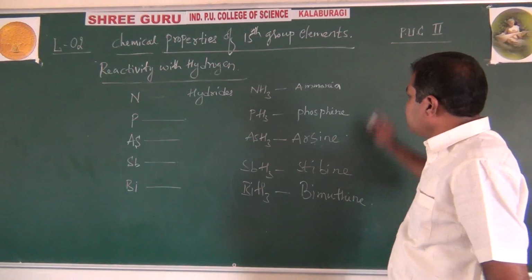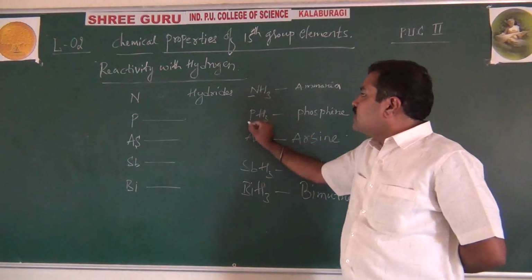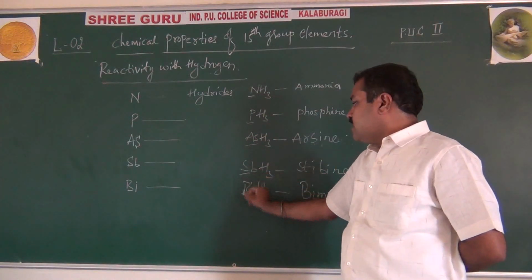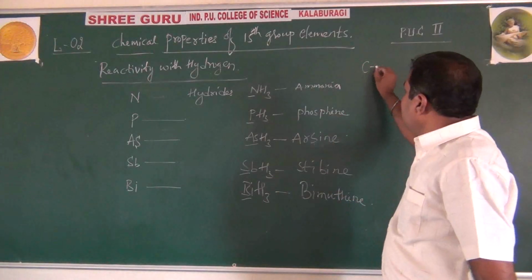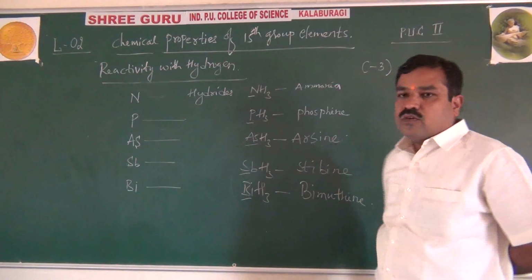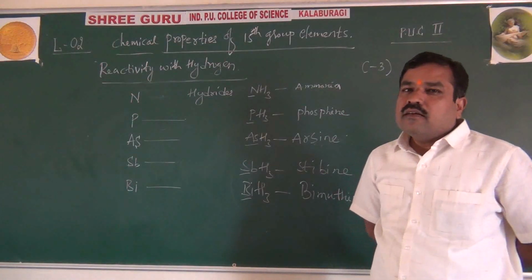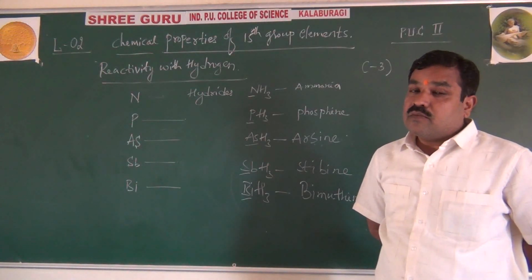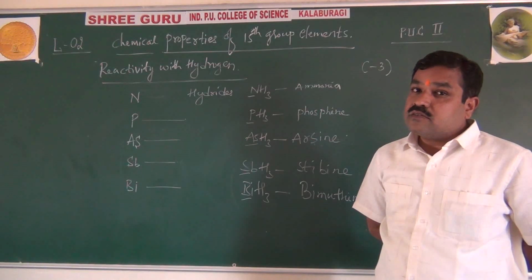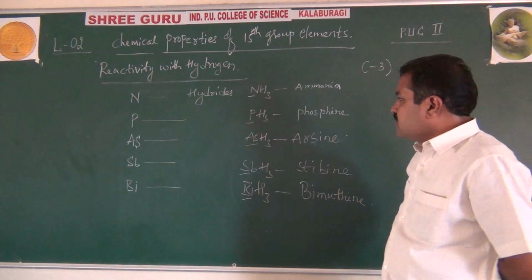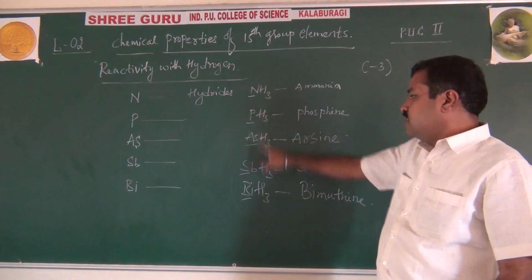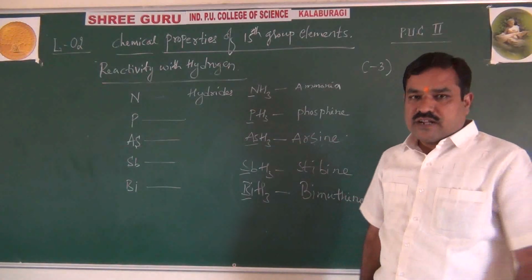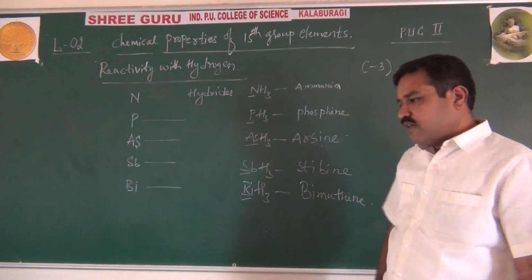And here the oxidation state of the central atom, nitrogen, phosphorus, arsenic, antimony, bismuth, is -3. In hydride, you know that hydrogen is in the -1 oxidation state. In hydrogen, normally H is +1; in hydride, it is -1. That's why the central atom is in the -3 oxidation state.